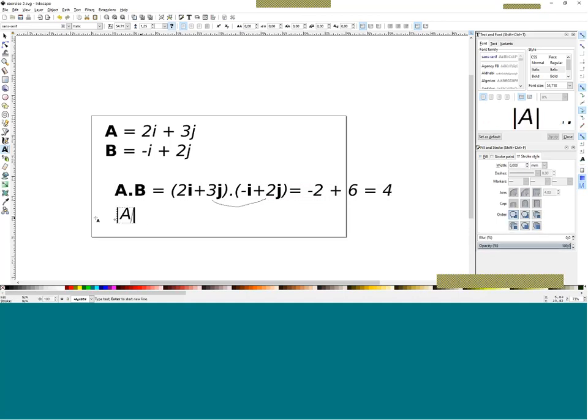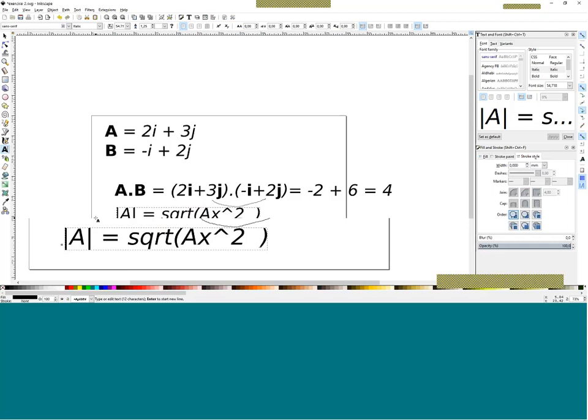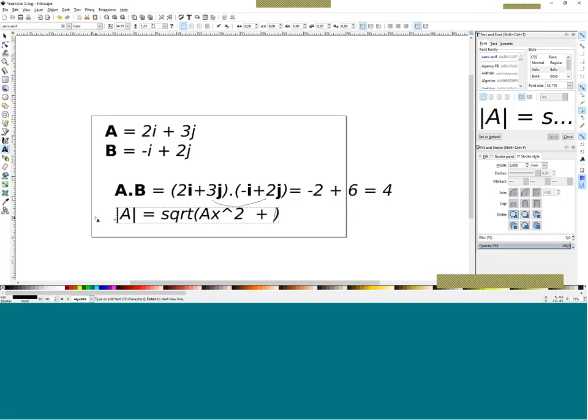So the magnitude of A is equal to the square root of x squared plus y squared, and the same stuff for B, so I don't want to waste too much time with that, which is equal to square root of 13.